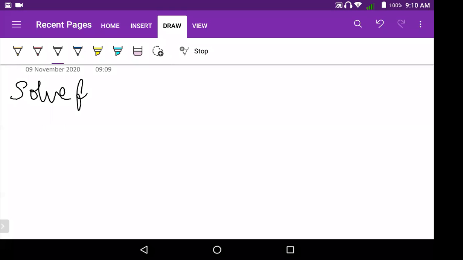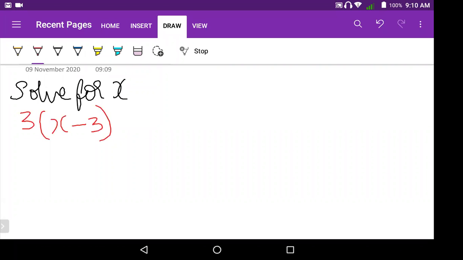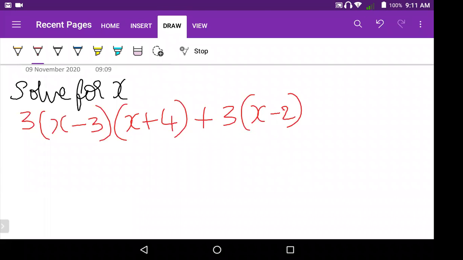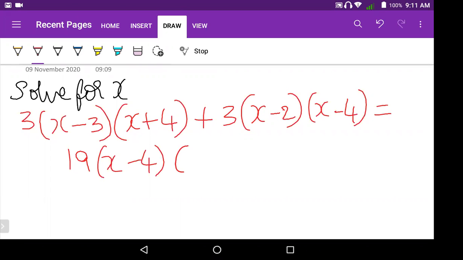Solve for x: 3 into x minus 3 into x plus 4 plus 3 into x minus 2 into x minus 4 is equal to 19 into x minus 4 into x minus 3.